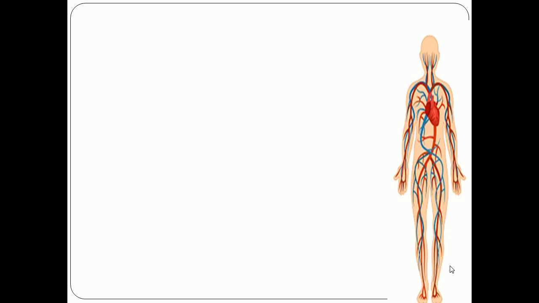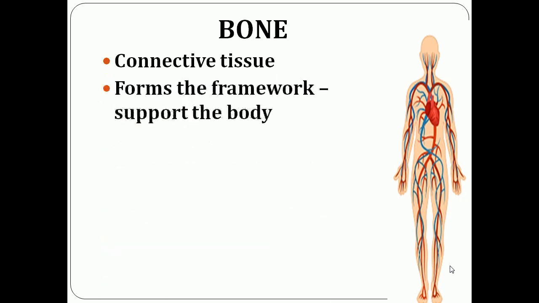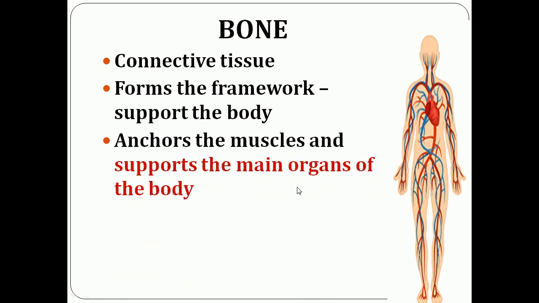The next type of connective tissue is bone. Bone is a connective tissue which forms the framework, that means the structure of our body, and helps support the body. It joins with the muscles and supports the main organs of the body.